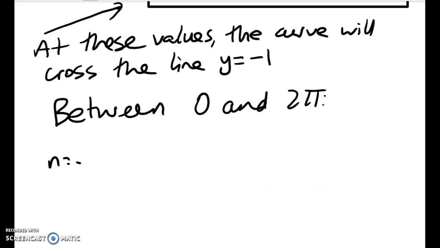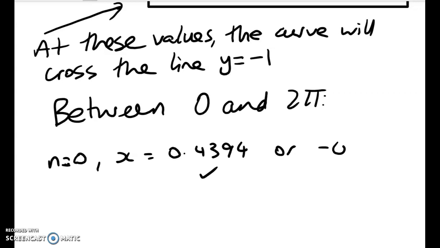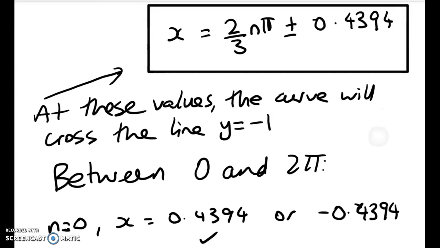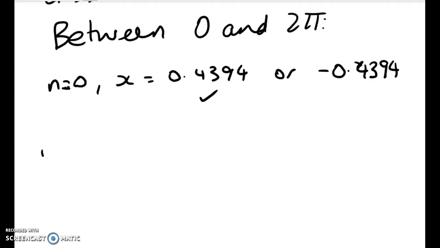So when n equals 0, we get two values. We get x equals 0.4394, so that's one of my 6 values, or -0.4394. Right, so what I'm doing here is I'm substituting values of n into here. For n equals 0, the negative one's not in the domain.